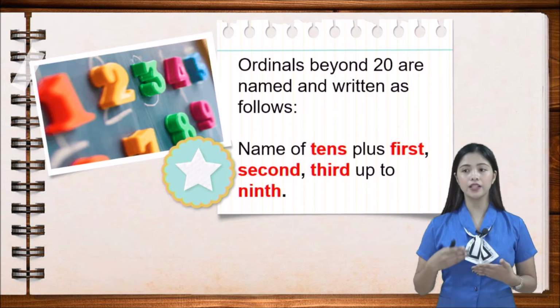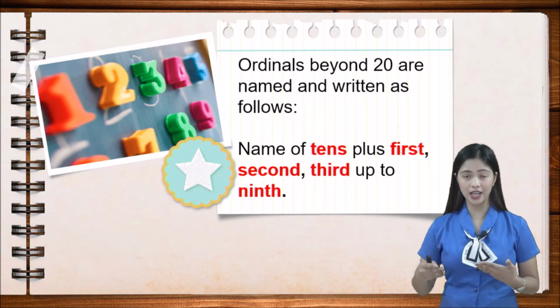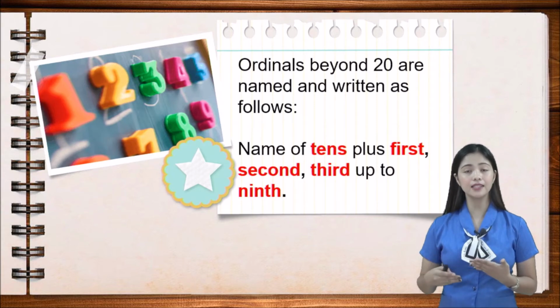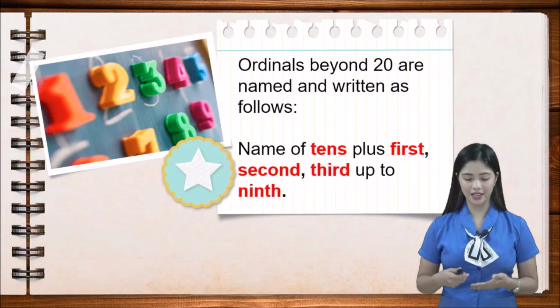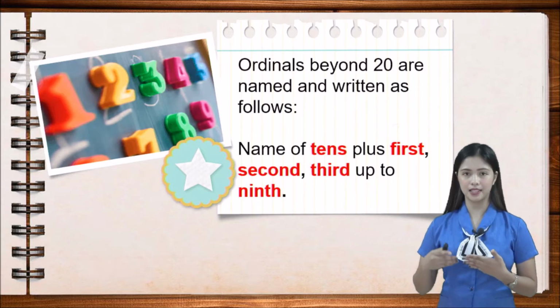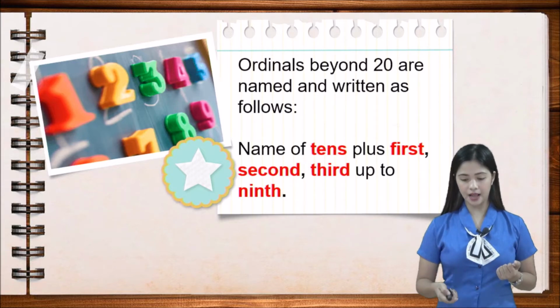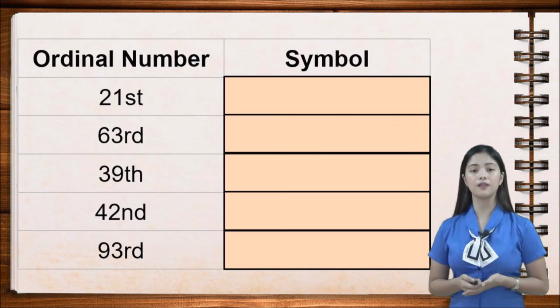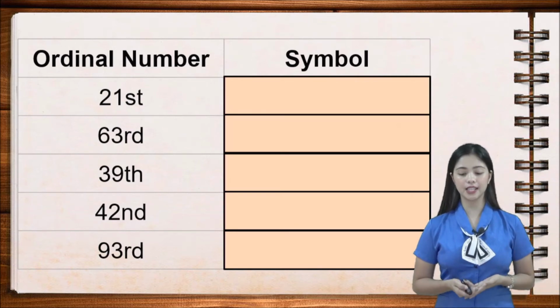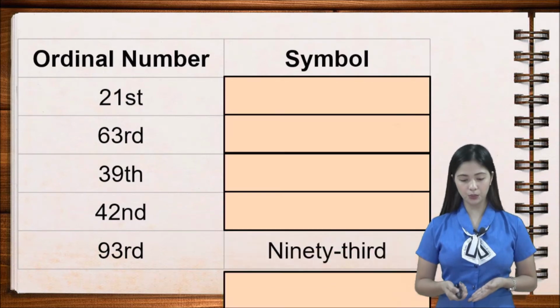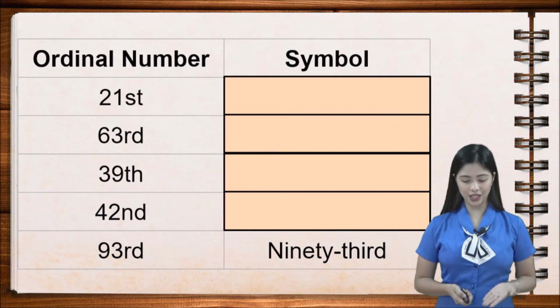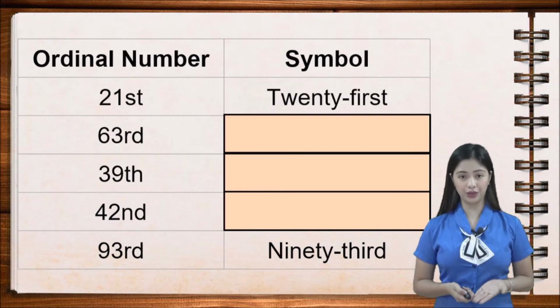And so on, so forth. It will go as well for the 30th, 40th, 50th, 60th, 70th, 80th, and 90th, okay? It will just repeat just like that. For example, let's have this example. For 21st, so just write 20 and then 1st, okay?